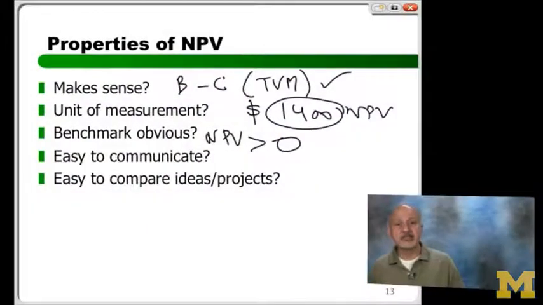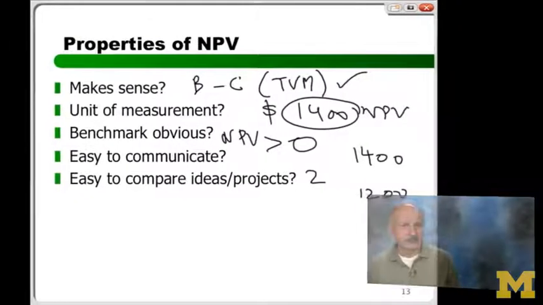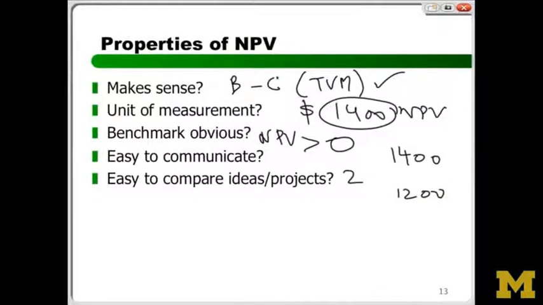Next, easy to compare ideas and projects? Turns out, yes. So if you have two ideas, one is 1400 and one is 1200, and just because you don't have the time to do both or whatever, there's something making you choose between the two. Which one should you choose? This one. So look at the beauty of it.